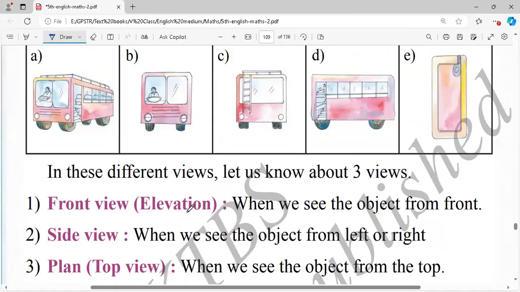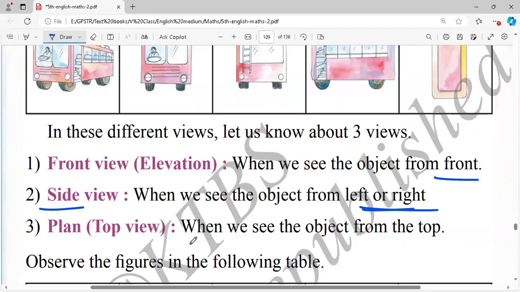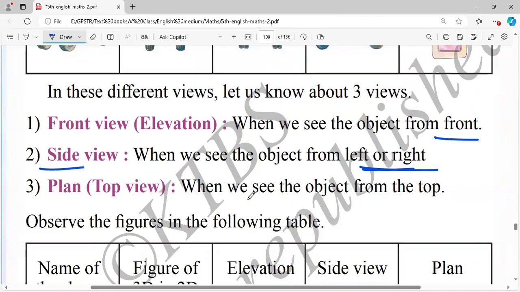Front view or elevation means when we see the object from the front. Side view is when we see the object from the left or right side. Plan means when we see the object from the top; that we call the plan.